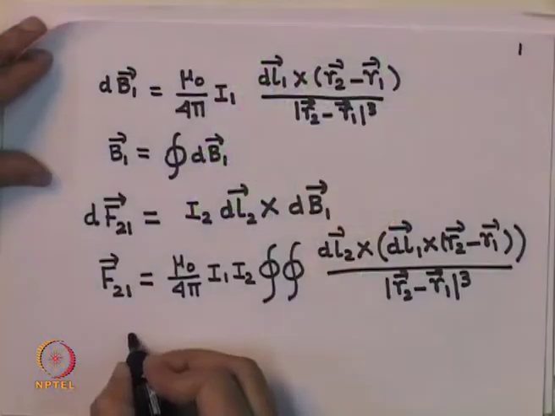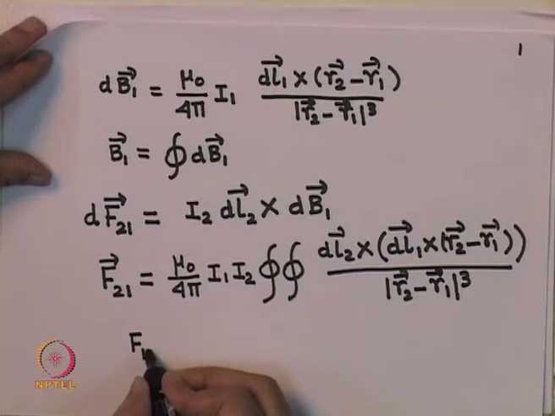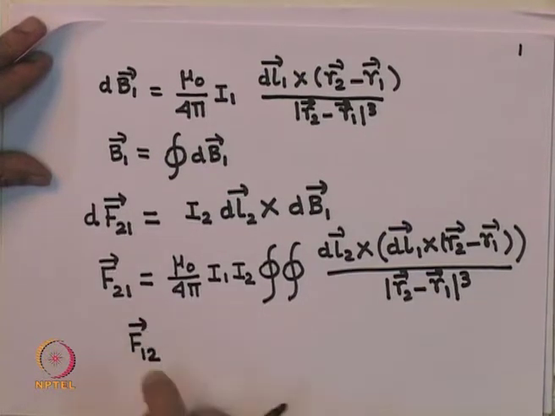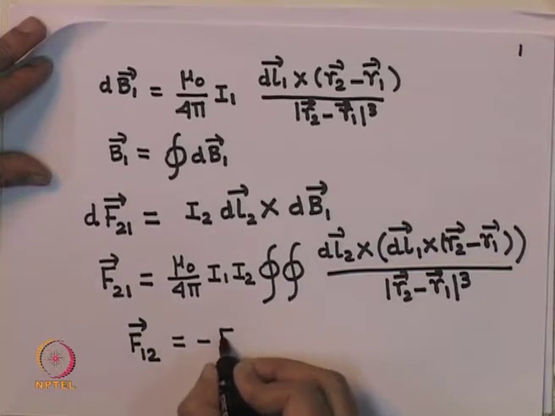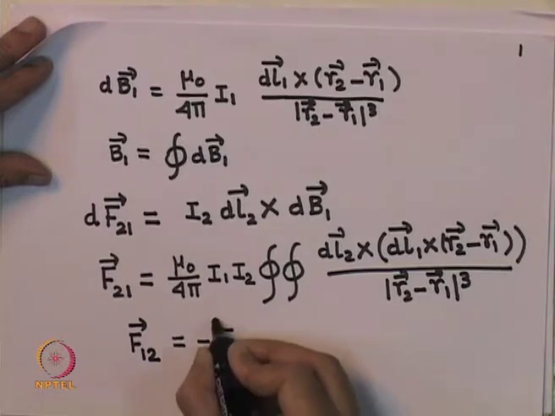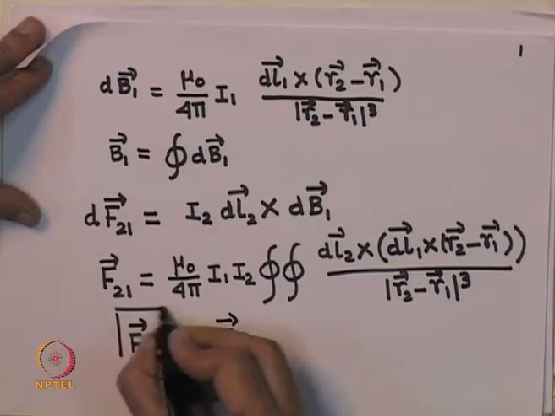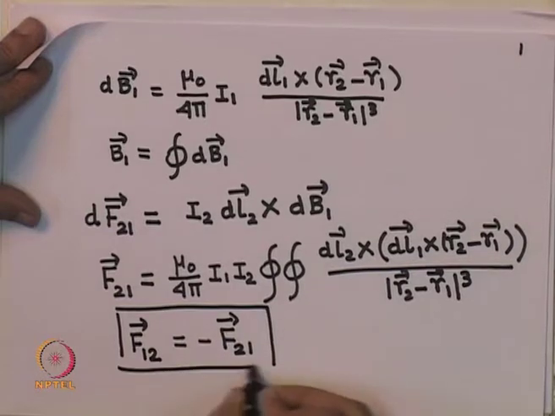Now, I expect that according to Newton's third law, action reaction principle, that this force, which I call F12, the notation is force on circuit 1 due to circuit 2, must be simply equal and opposite to F21. Now, this is of course something which we expect.